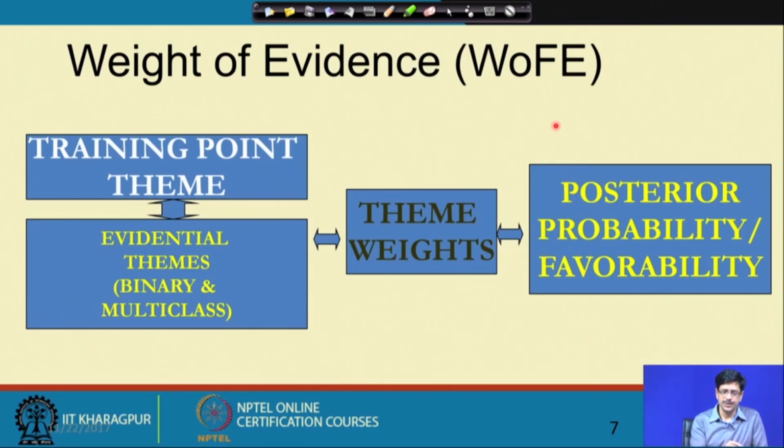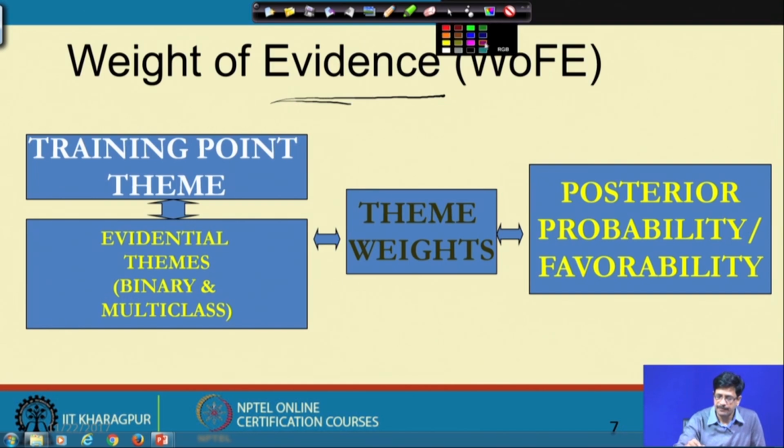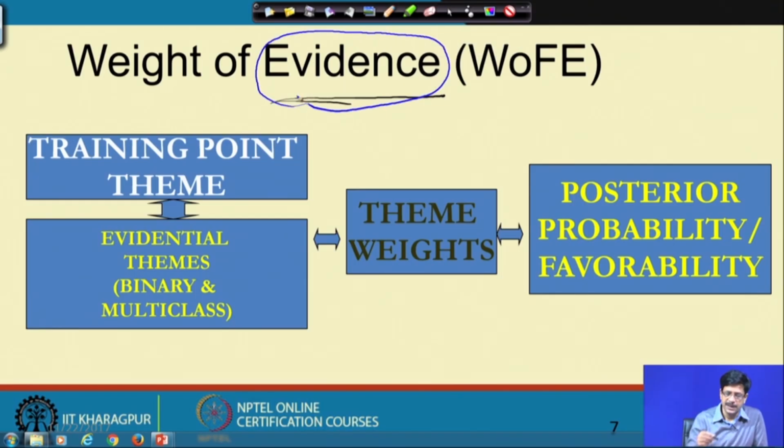So, we propose in this particular methodology, which is the weight of evidence, that we will take some evidence as providing the evidence for the presence of what we are looking for as a mineral deposit.